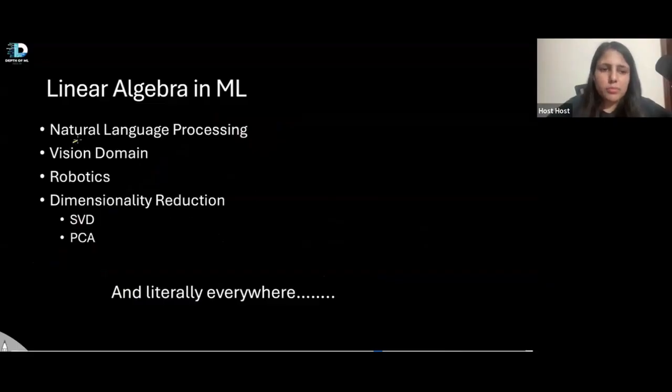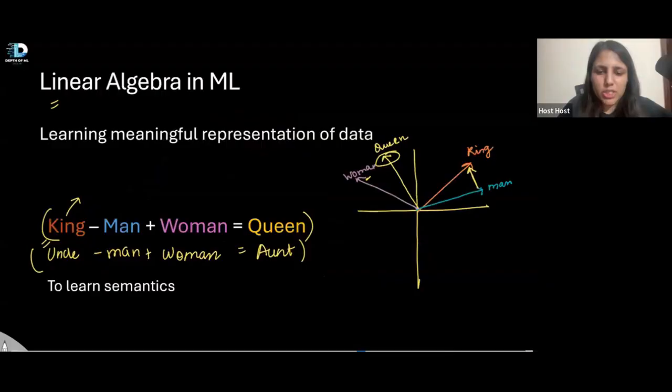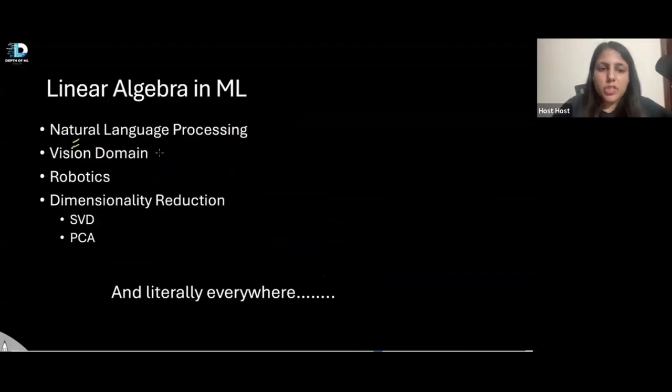We talked about natural language processing when we talked about ChatGPT. Then in the vision domain, when we talked about audio or images, how linear algebra is used to represent the images. Then also robotics.